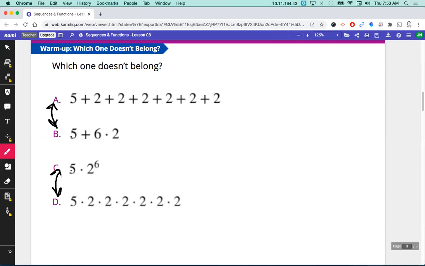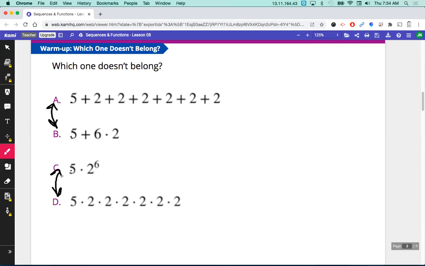Now, if we're doing an arithmetic sequence, we're adding the same thing each time. That's what A represents, where you start at 5 and then add 2 each term. You'd add 2 and you get 7, then add 2 and you'd have 9, add 2 and you'd have 11, right?